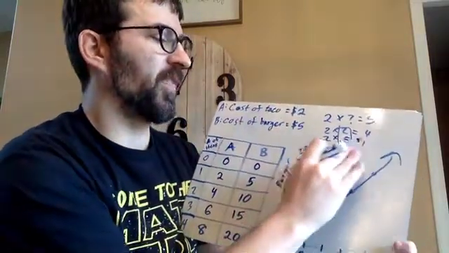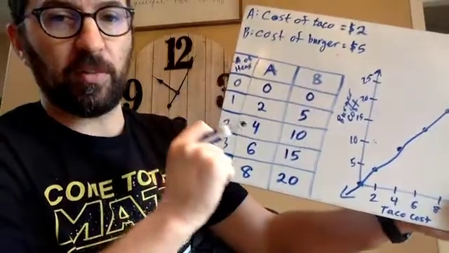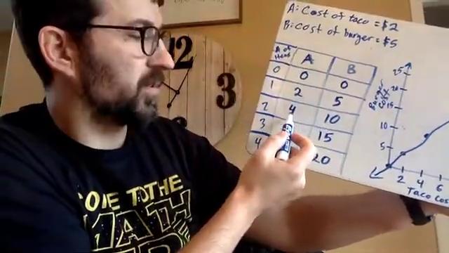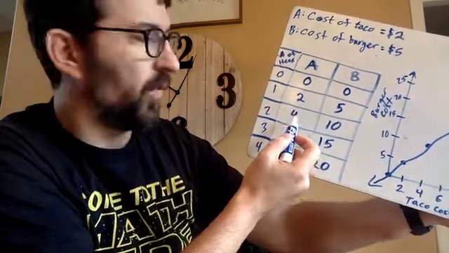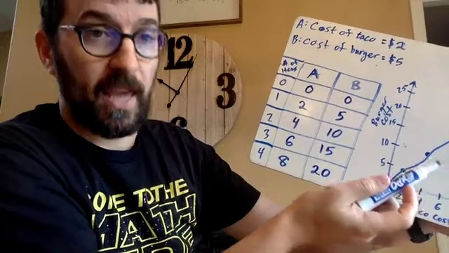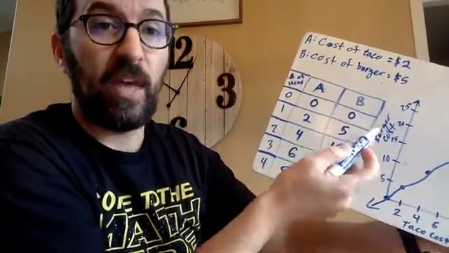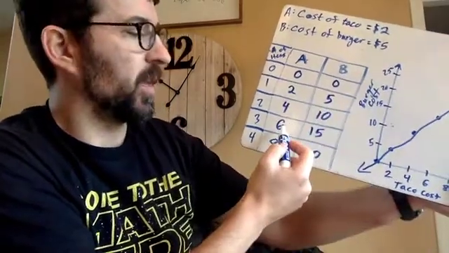Okay? So let's see if that actually holds true for my other corresponding terms. Well, if we look at 4 and 10 here, what's 4 times 2 and a half? 4 times 2 is 8, and then 4 times a half is going to be half of 4, which is 2. 8 plus 2 is 10, right? Works, doesn't it? Let's do 6 and 15.